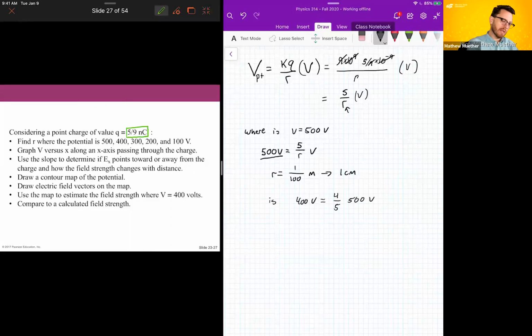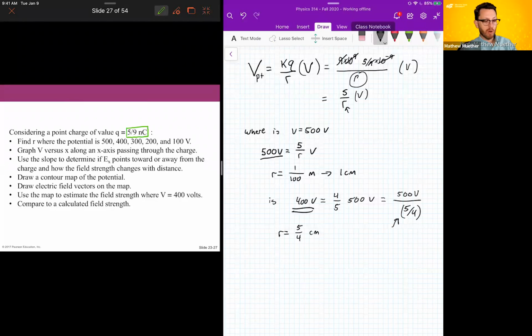And if I want to relate that to R, this is equal to 500 volts divided by 5/4. I can just look at that ratio. The factor in the denominator is the thing that's going to scale the distance. That distance is the denominator term. So I know that this thing is going to be 400 volts when R is equal to 5/4 of a centimeter.